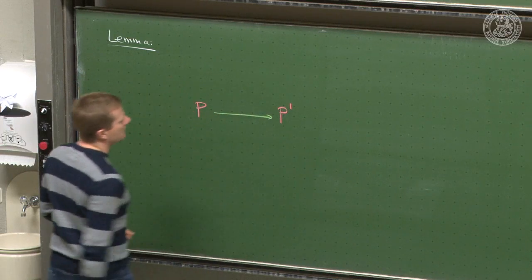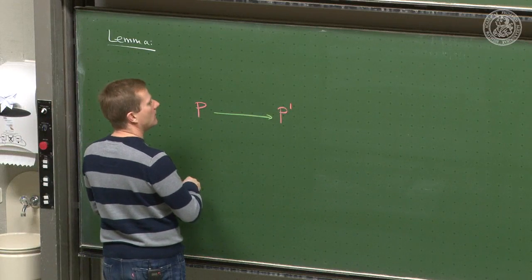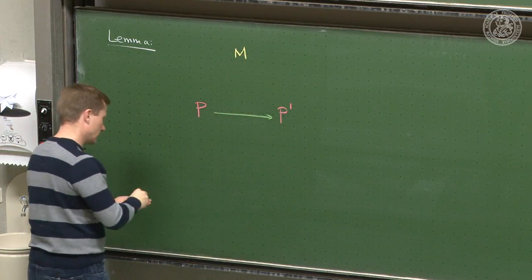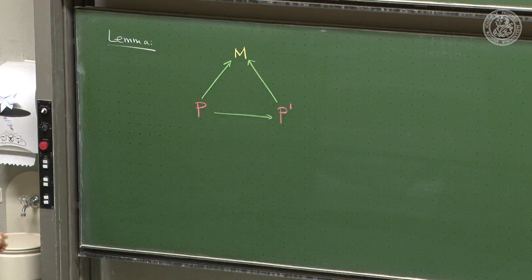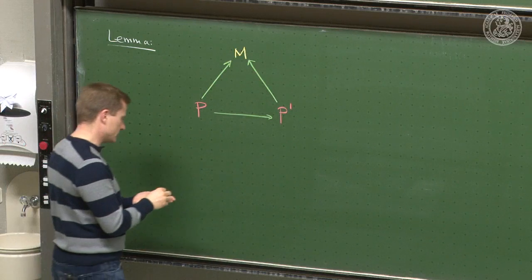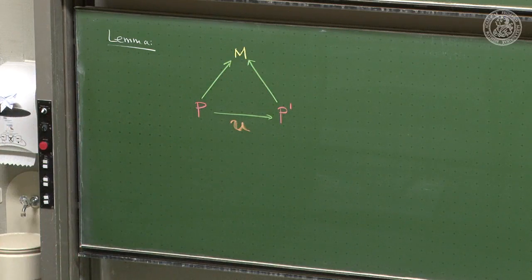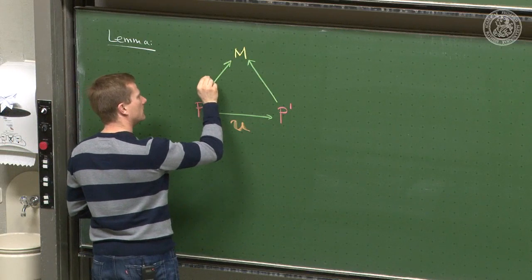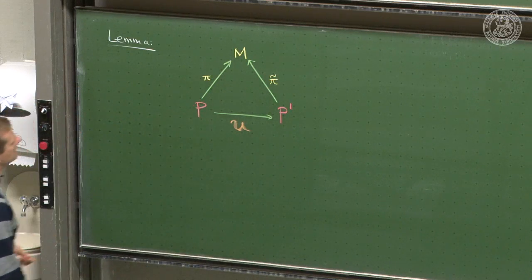So we consider again two principal bundles, and we have them over the same base manifold, M. Okay? So in the sense that this diagram is supposed to commute, we have a map U between these two, and we have a pi that goes here, and a pi twiddle that goes there.